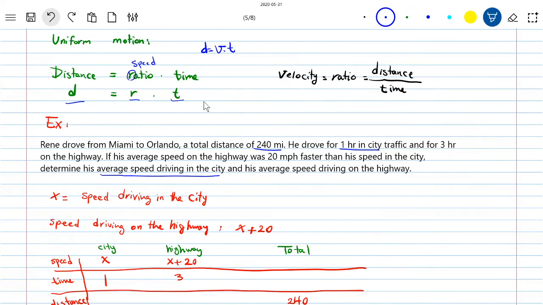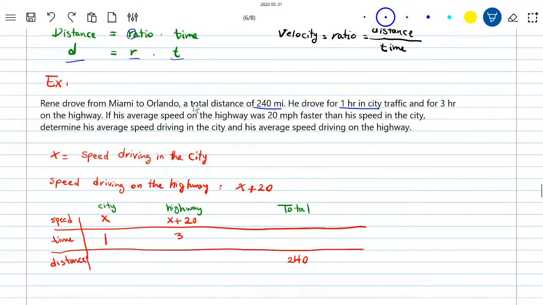Okay, so let's solve this application problem. Here, we chose x to be the speed in the city. So the speed on the highway would be the speed in the city plus 20, x plus 20. Similar to the last example, I will set up the table with speed, time, and we're looking for the distance.